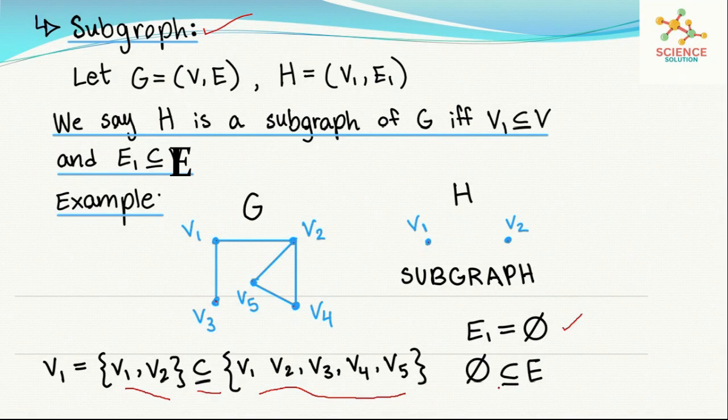Hence, we see the set of edges of graph H is a subset of the edge set of graph G. So, the graph H fulfills both conditions of being a subgraph of a graph G, then H is a subgraph of G.